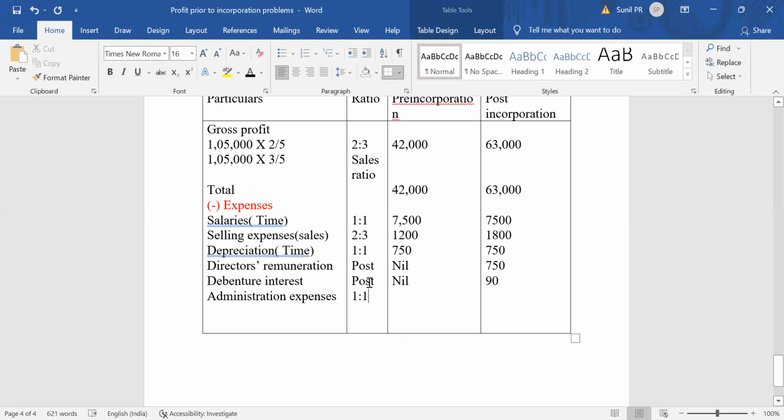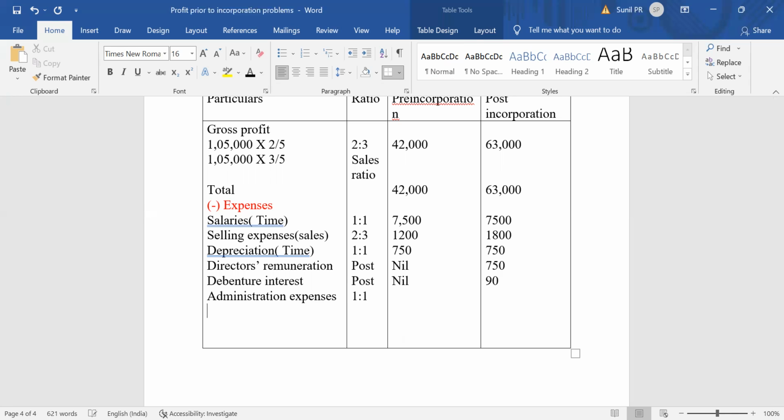So 2,250 each. The total administration expenses is 4,500, so 2,250 and 2,250.